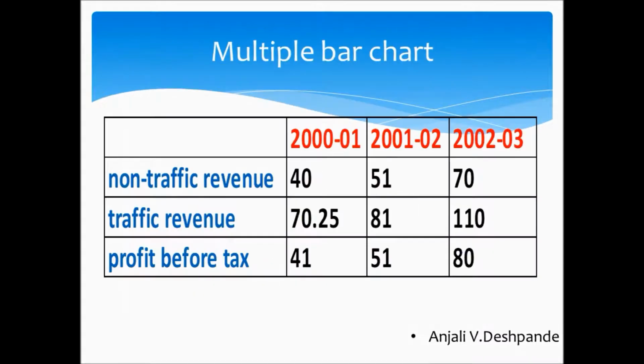This is one table which has been drawn over here, and this represents the data on the fund flow in crores of rupees of an international airport authority during 3 financial years, 2000 to 2001, 2001 to 2002 and 2002 to 2003. So we are going to represent this particular table by means of a multiple bar chart.